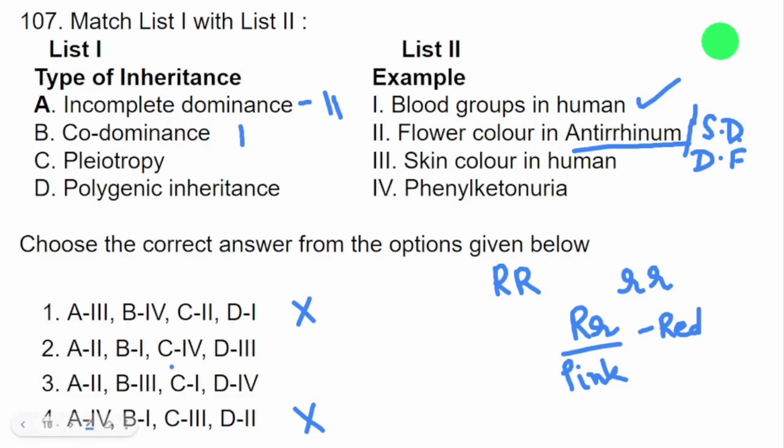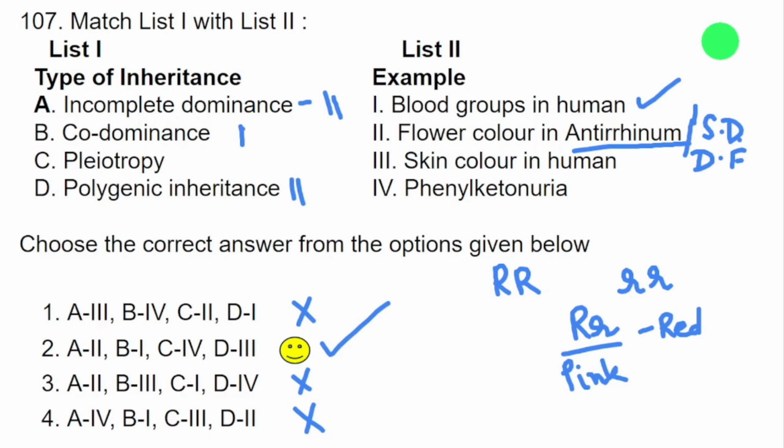B is not 3 because skin color in humans is polygenic inheritance. So D will be 3. B is 1, D is 3. So it confirms our answer as option 2. This is not there. So the right answer is option number 2.